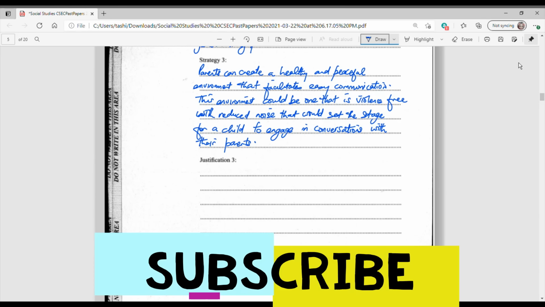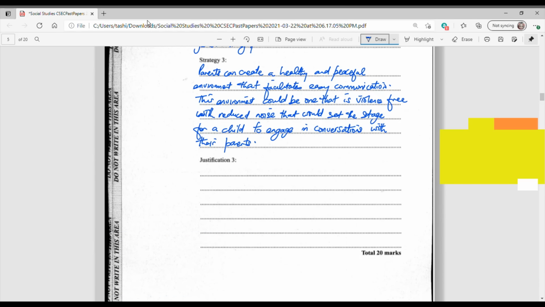Alright, so parents can create a healthy and peaceful environment that facilitates easy communication. This environment could be one that is violence-free with reduced noise that would set the stage for a child to engage in conversations with their parents. So that would be my strategy for the justification now. Again, justification means why is this likely to work?